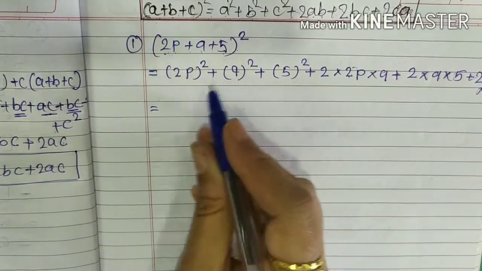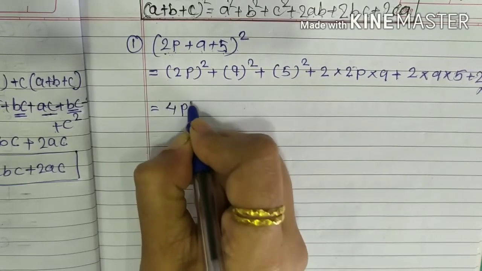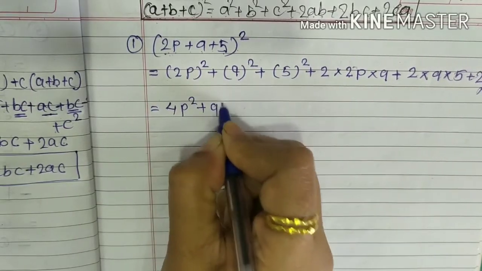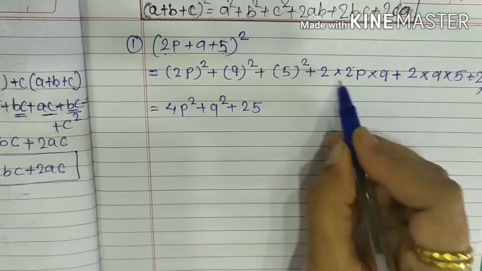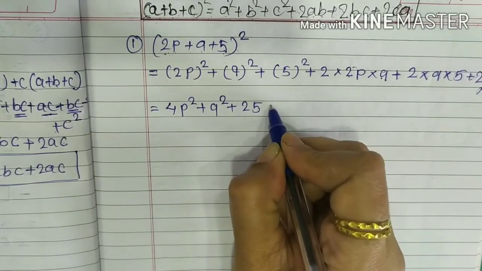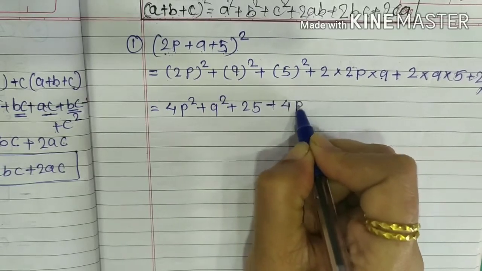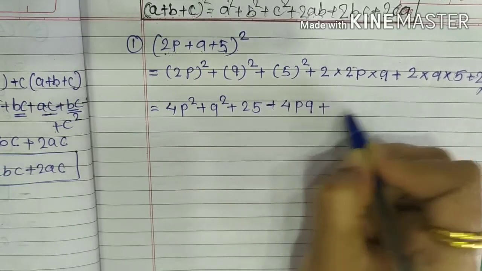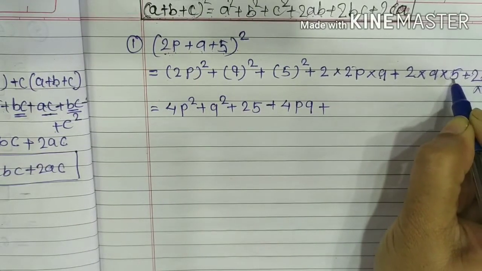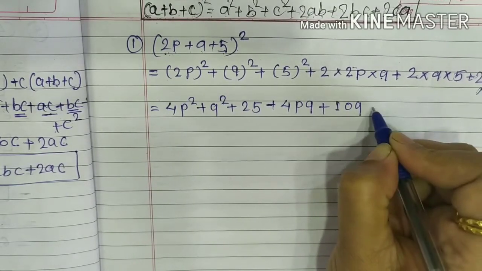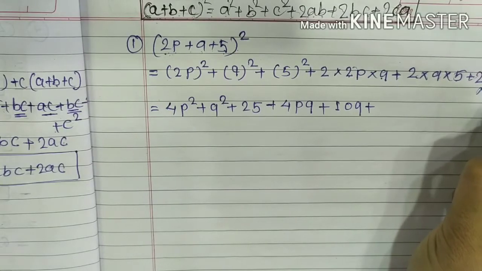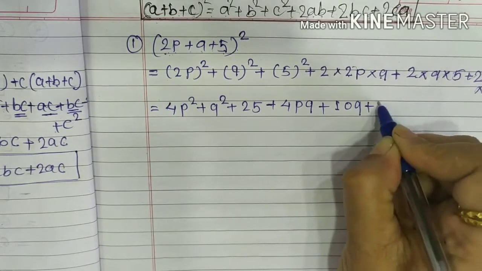Make the squares: 4p square plus q square plus 25. Make the multiplication: plus 4pq plus 2 into 5 into q, 10q, plus 2 into 5 into 2p, that is 2 into 5, 10, 20p.